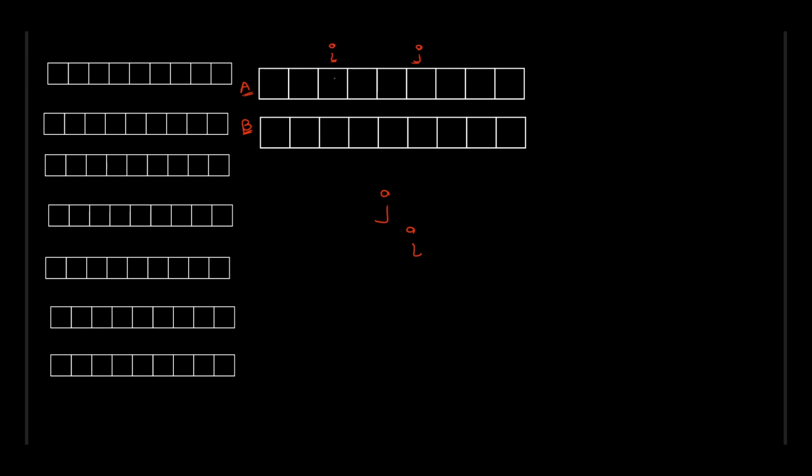Now ai and aj are fixed, but what you place at this location, bi and bj, are not fixed. If you are permuting all the elements, what index should go over here, and what index should go over here?